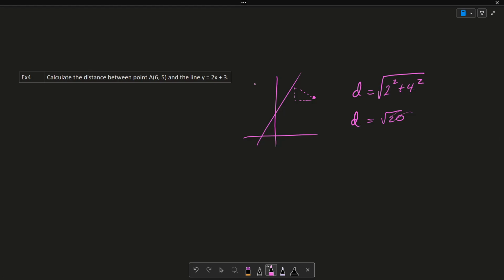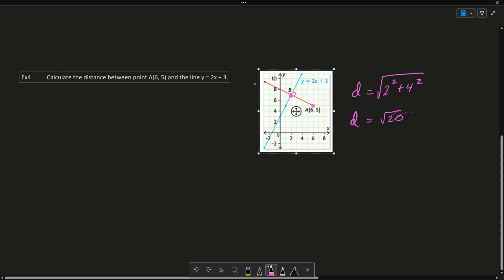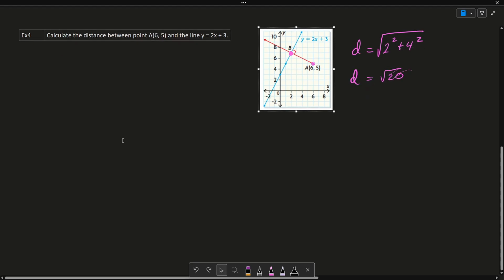Well, since that's sometimes a possibility, let's see what we would do if we weren't given the graph, and we were to solve this algebraically, all right? So what we would do is attempt to build this pink line and find the intersection between them, and then find the distance between the intersection point and point A. So let's start by building the first line.